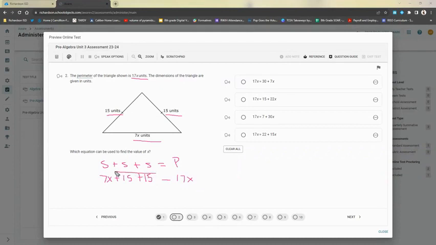If we add these together, this will turn into 7x plus 30 equals 17x. So that's what this will look like.